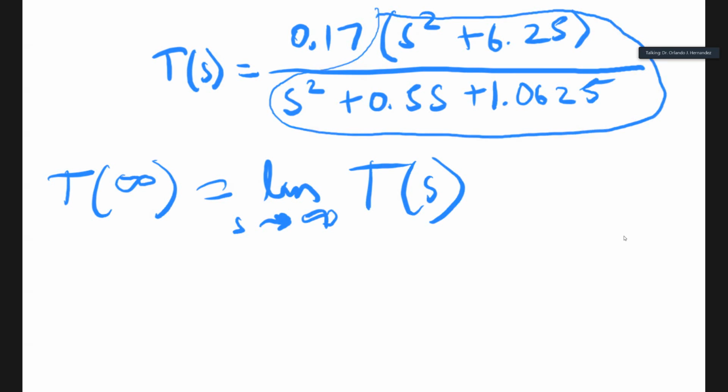So what that means is that the transfer function at infinity in the frequency domain is going to be 0.17.